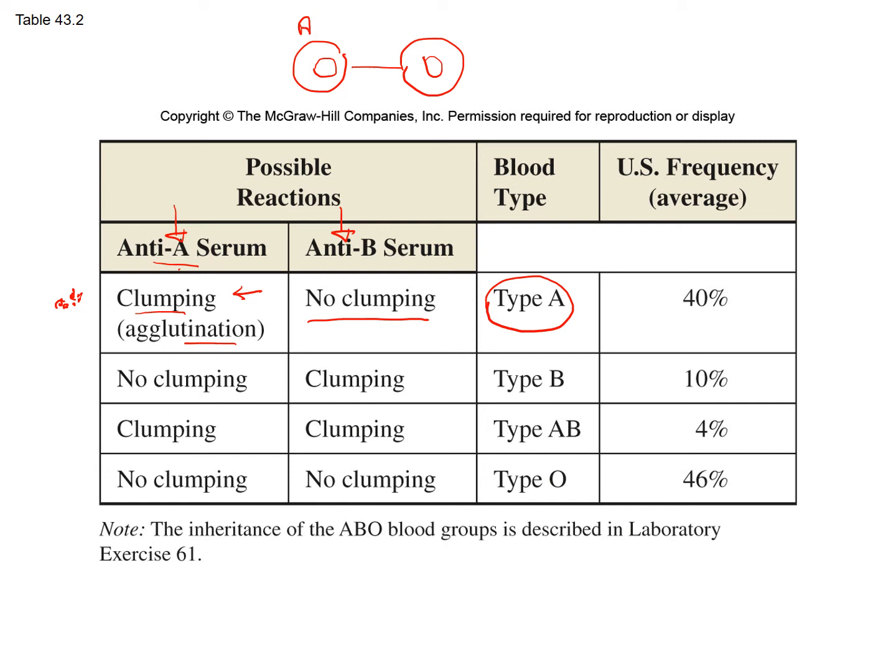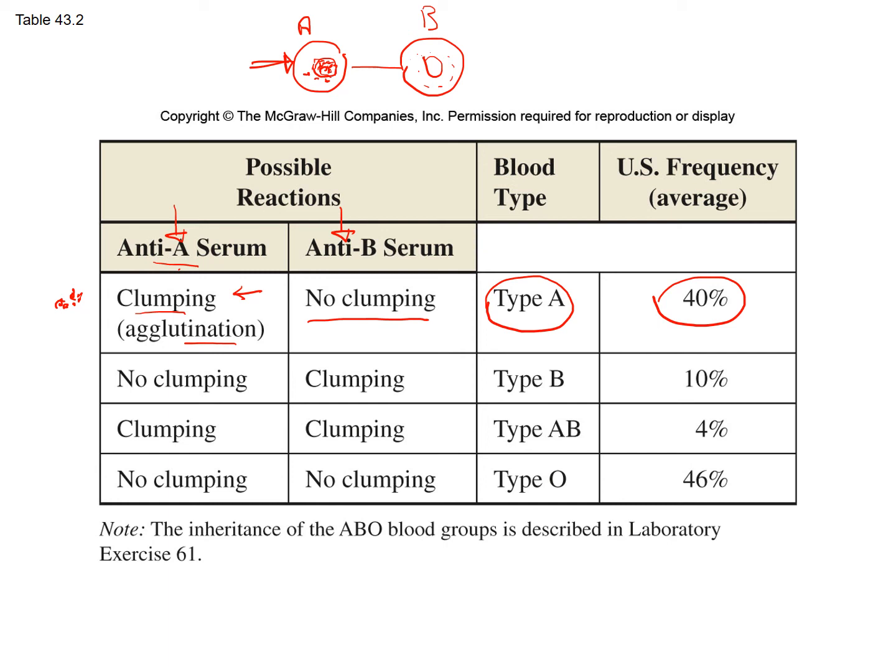If you find agglutination with anti-A, that means clumping, thick, sticking with each other, and with anti-B nothing happened, still clear, that means this blood is type A, because it reacts with the A. And type A is almost 40% in the US, on average.